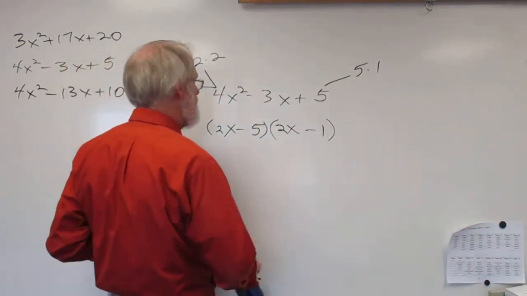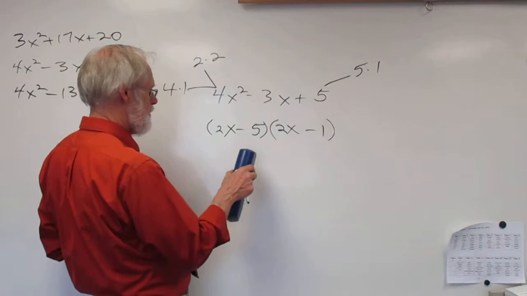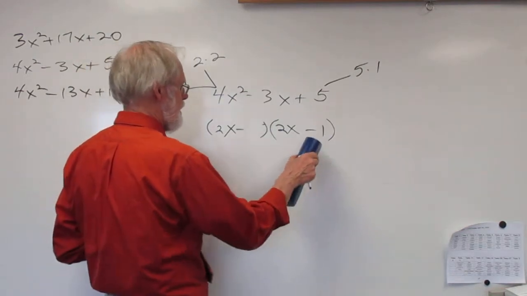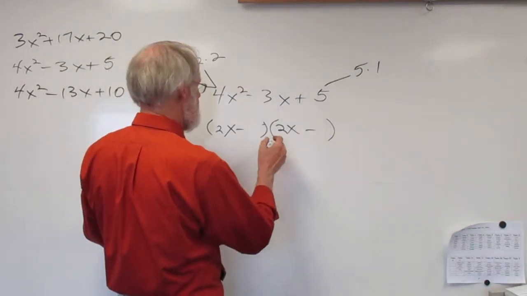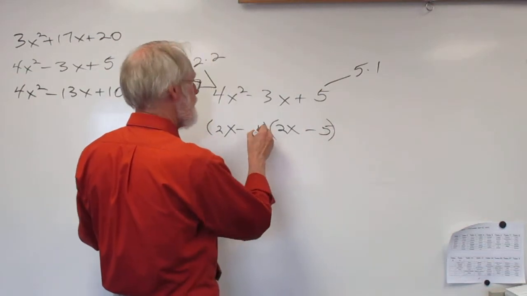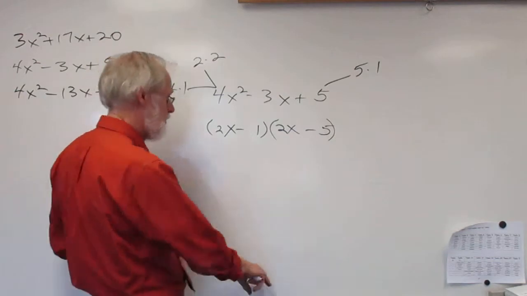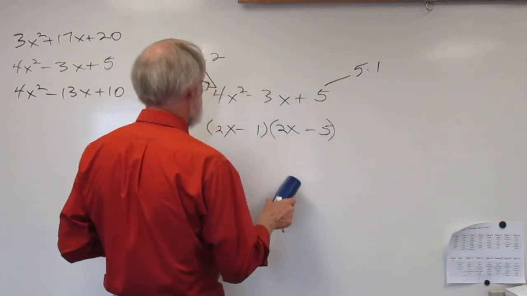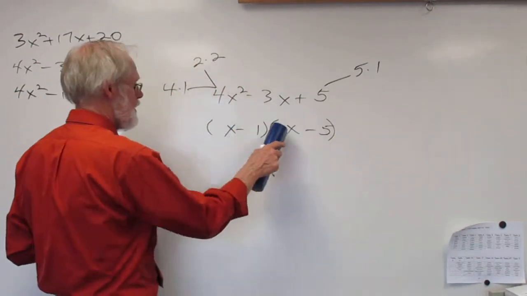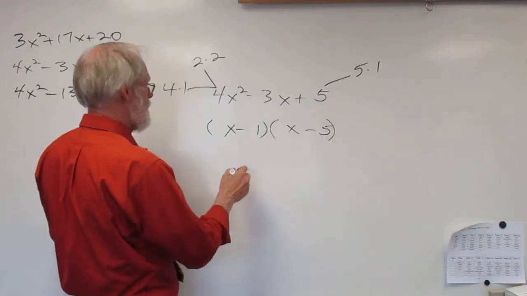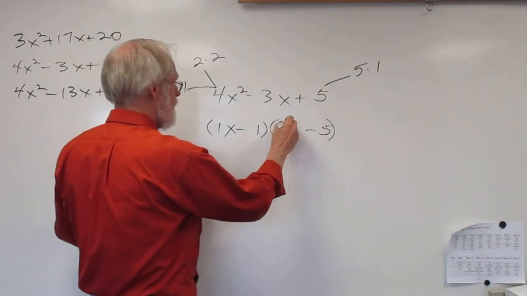Doesn't work. All right, and if I reversed these numbers, that's not going to help any. That would be a 5, that would be a 1, but I still get negative 10 minus 2 is negative 12. So that didn't work. So let's go back to here and try a 4 and a 1. Now I'm going to try the 1 here and the 4 here.